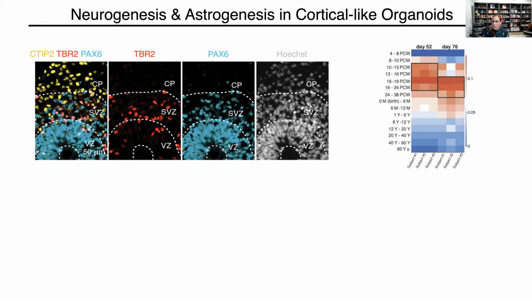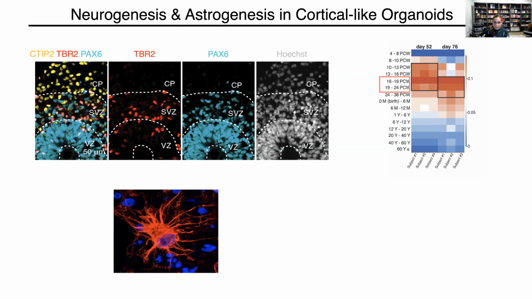When we do transcriptional profiling, we realize that after about 80 days in culture, our organoids, the excitatory ones, for example, transcriptionally resemble the 16 to 24 post-conceptional weeks fetal cortex, which was very important to me because I was interested in studying prematurity related problems. But as you can see, this can be applied at earlier stages to study different developmental stages in the fetal period.